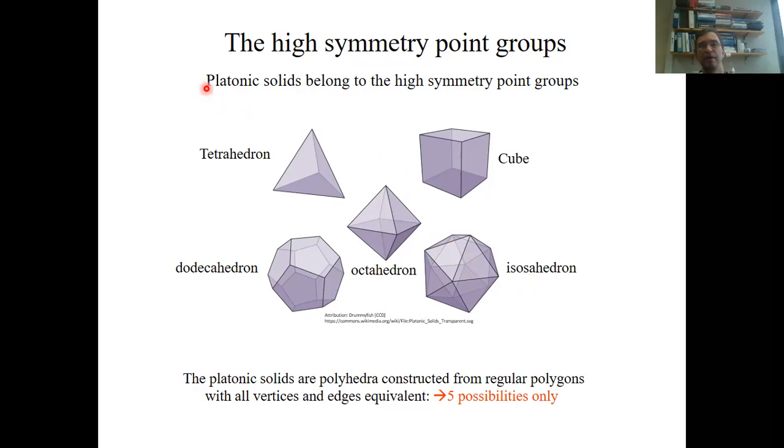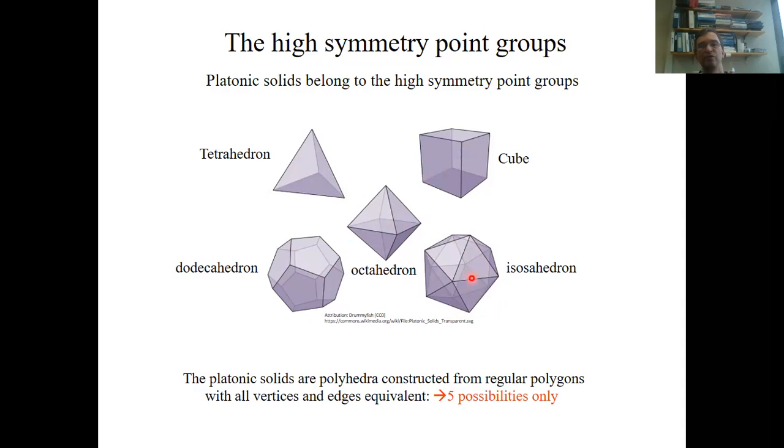A Platonic solid is a polyhedron which is constructed from regular polygons in which all vertices, edges, and faces are equivalent from the standpoint of symmetry. There are only 5 possibilities for so-called Platonic solids. This is the tetrahedron, that's the octahedron, that's the cube, that's the dodecahedron, and it's the icosahedron.